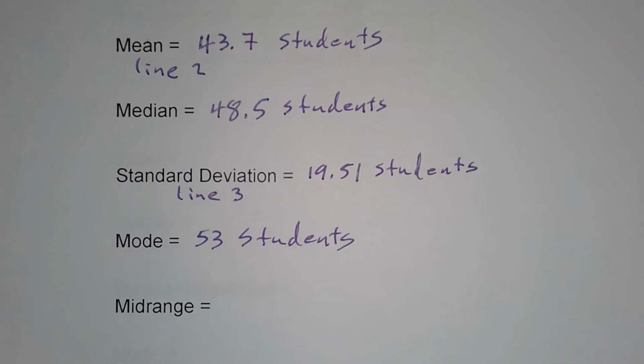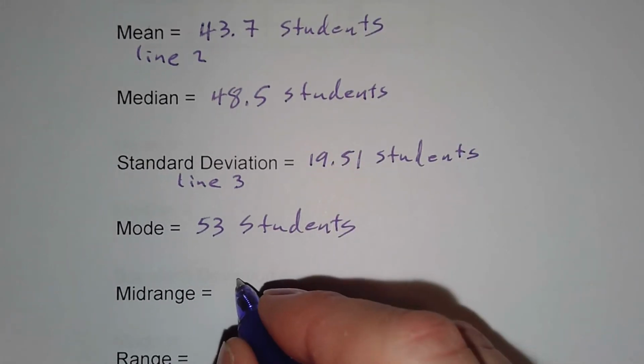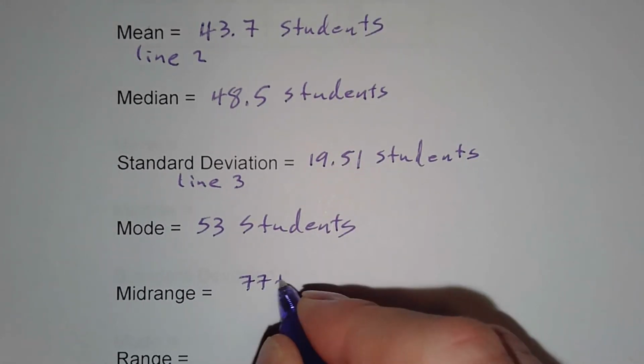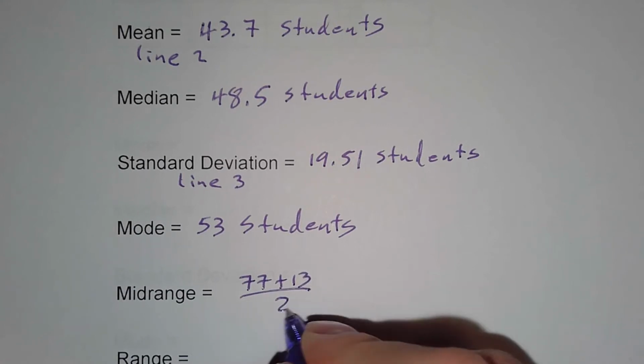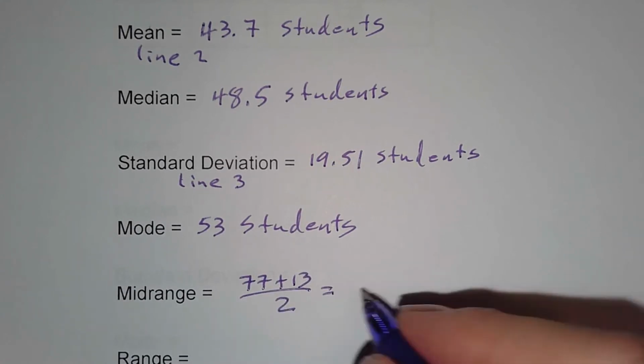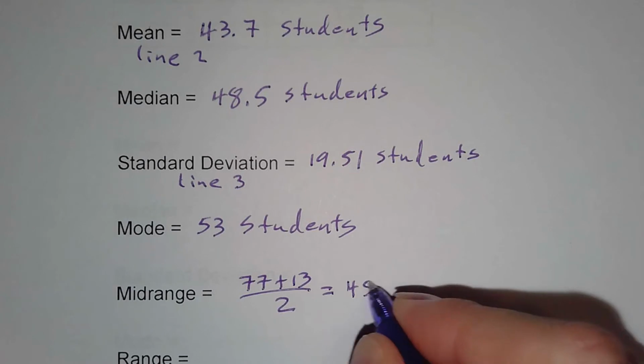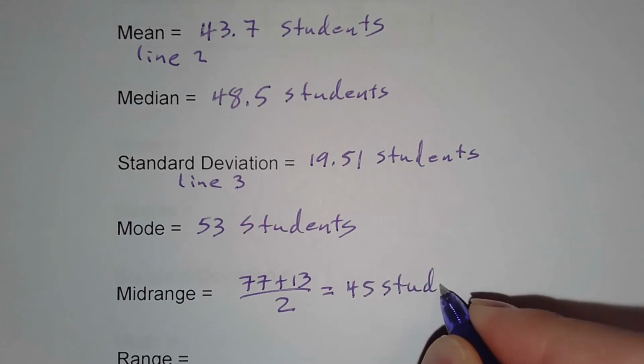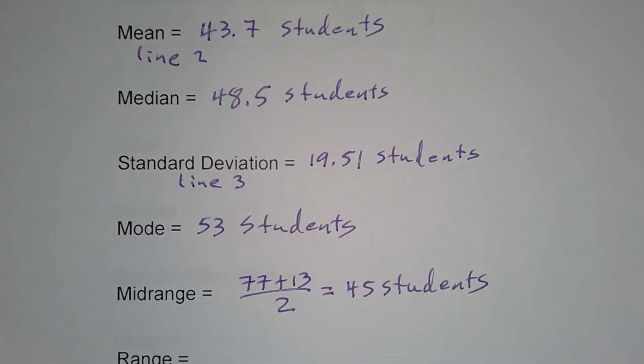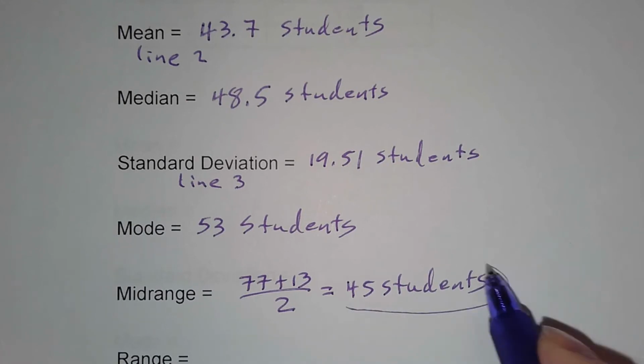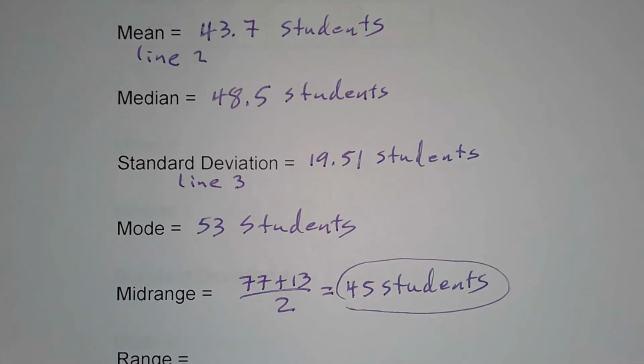So for the mid-range, I'm going to take 77 plus 13 divided by 2. That's 90 divided by 2, or 45. And then the range would be 77 minus 13, which would be 64 students.